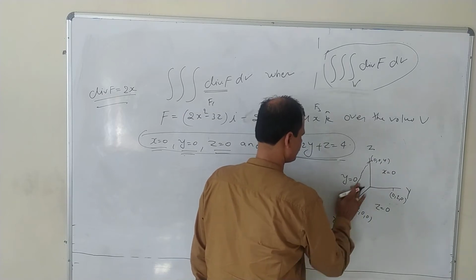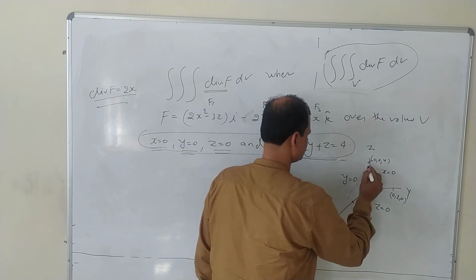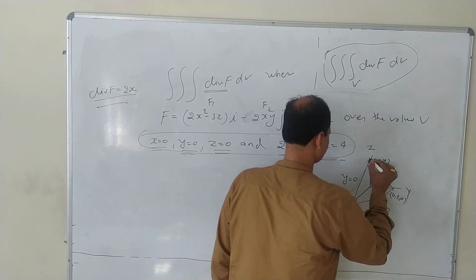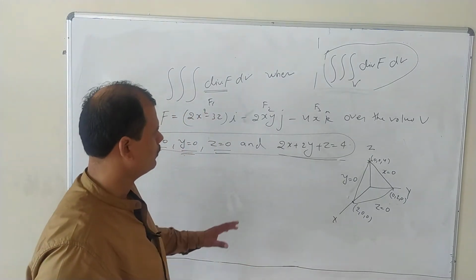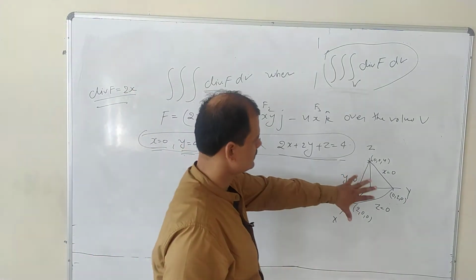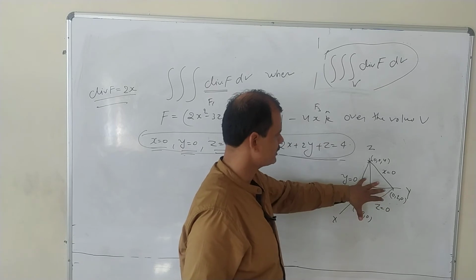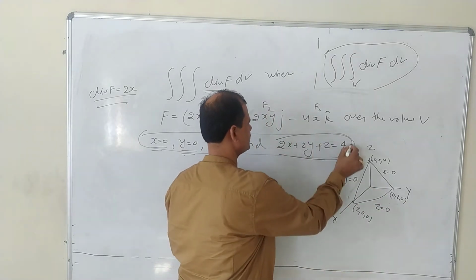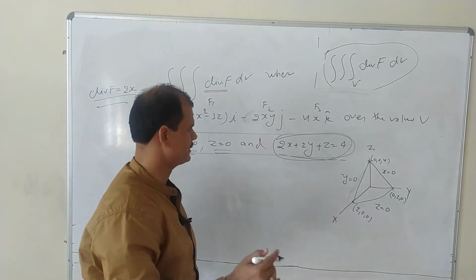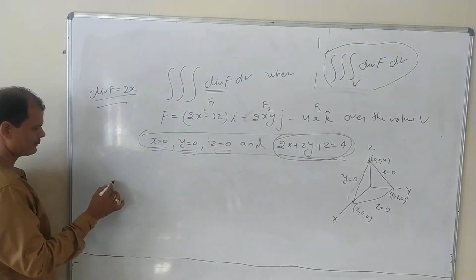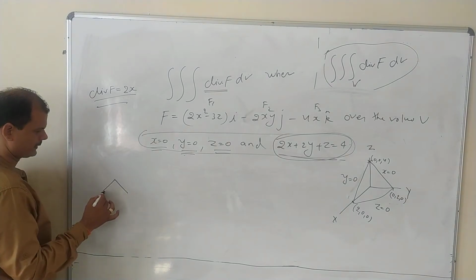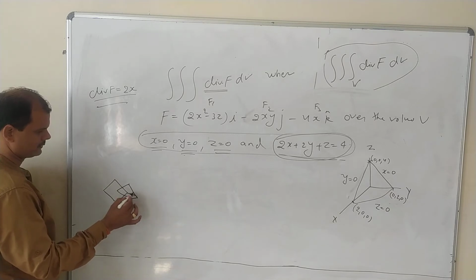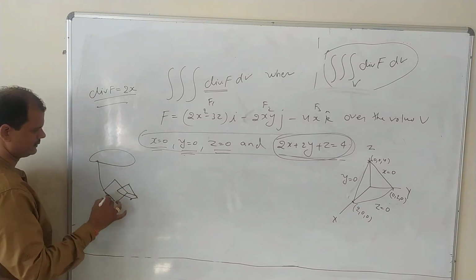If you join them, this volume is generated by the 3 planes, and on the top we have this surface.